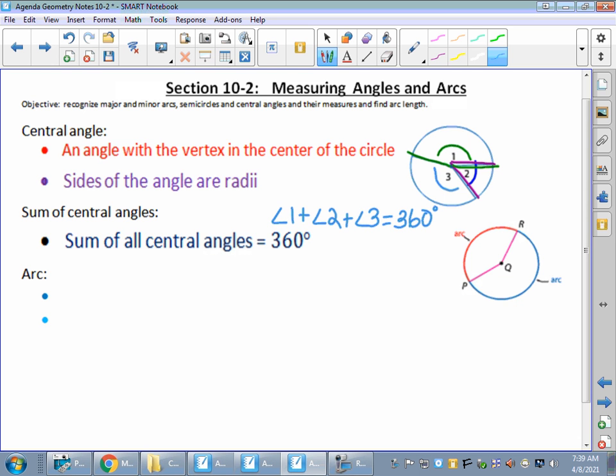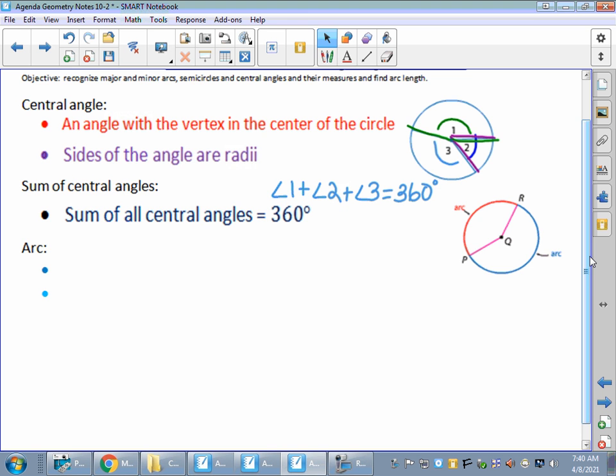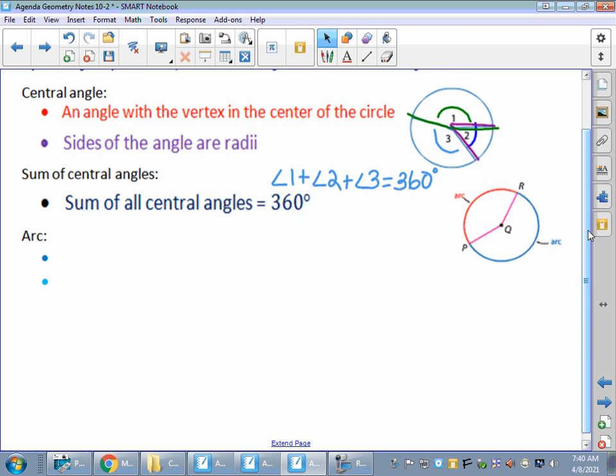If we had smaller parts, we could say it equals something else, but we know that the sum of all the degrees in a circle is 360 degrees. Keep that in the back of your mind. It comes in handy. Kind of like the triangle sum theorem, all those other things that just keep popping up.